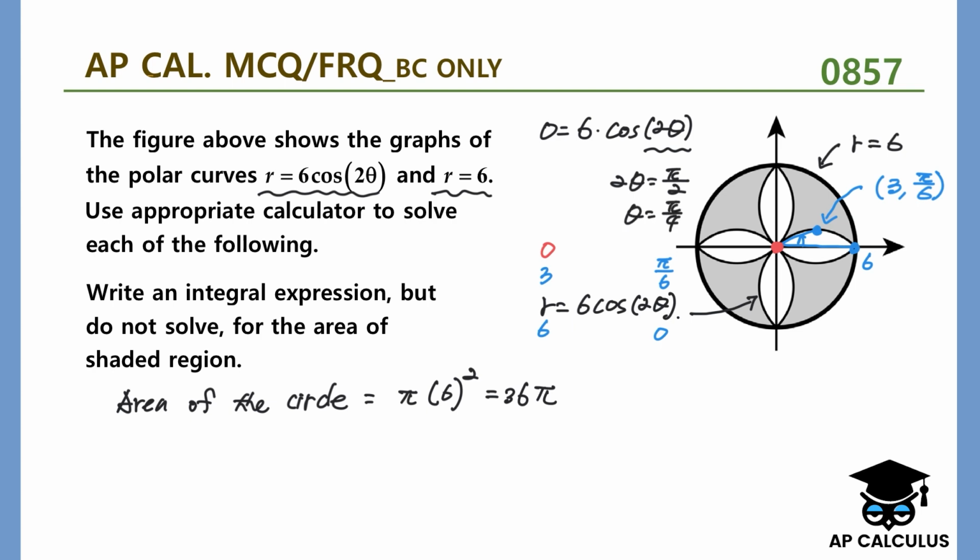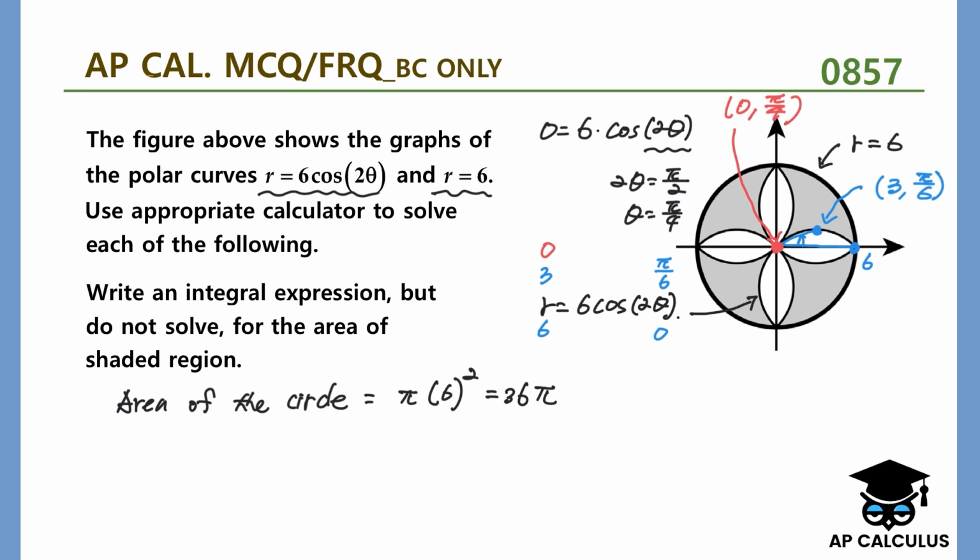So we have the coordinate at this point right here at the origin, or pole, when θ = π/4. So this coordinate is (0, π/4).